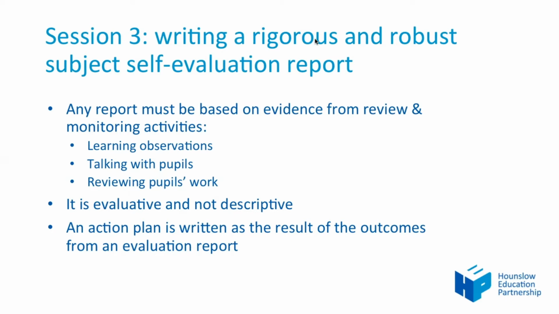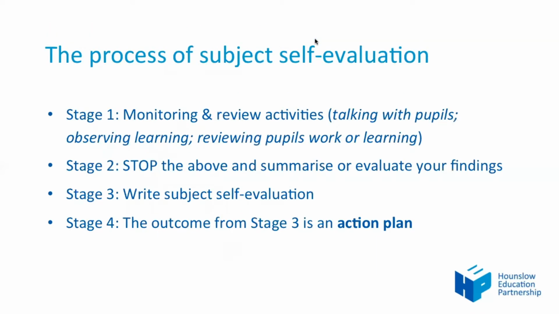So please don't do them the other way around, i.e. feeling the need to write an action plan because I must be seen to be doing something, because you can only write an action plan once you've gathered some evidence and you've evaluated that evidence. If you just think of this as a 4-stage process, stage 2 is just to stop gathering more information.